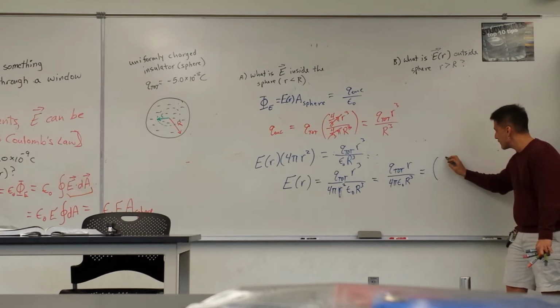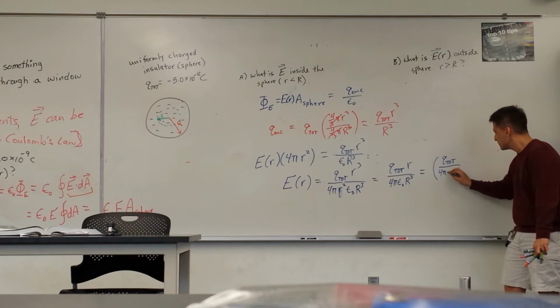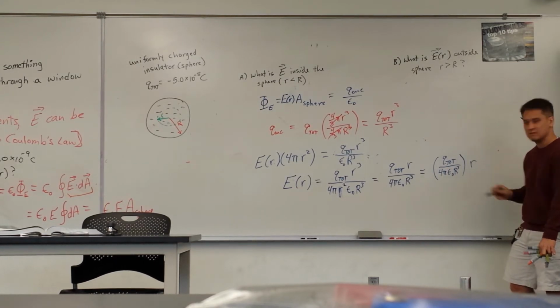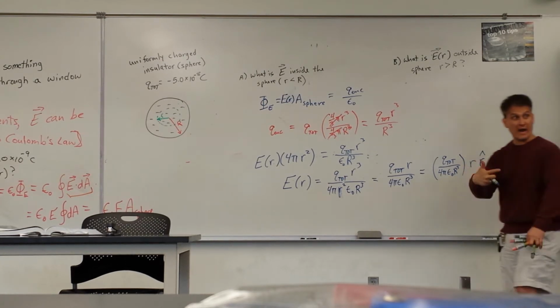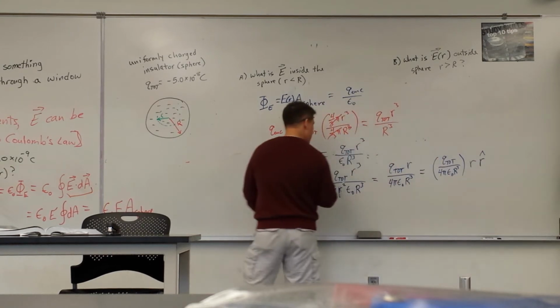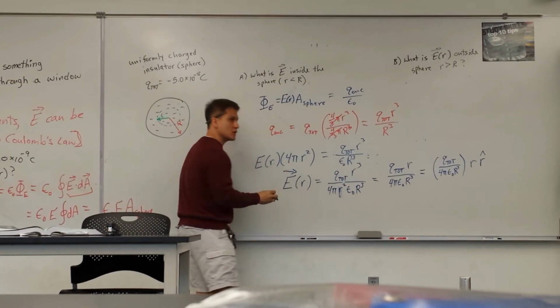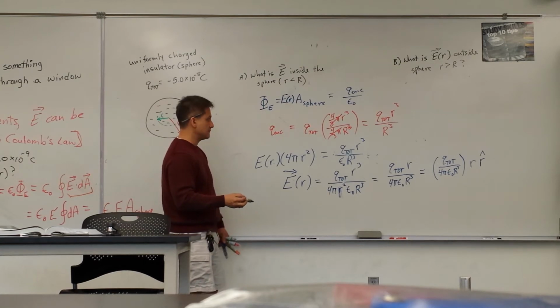I'm going to separate everything that's constant from the one variable, which is where I am in this thing. By the way, I can say again that the direction of E is going to be radial, so I'll put that in there.